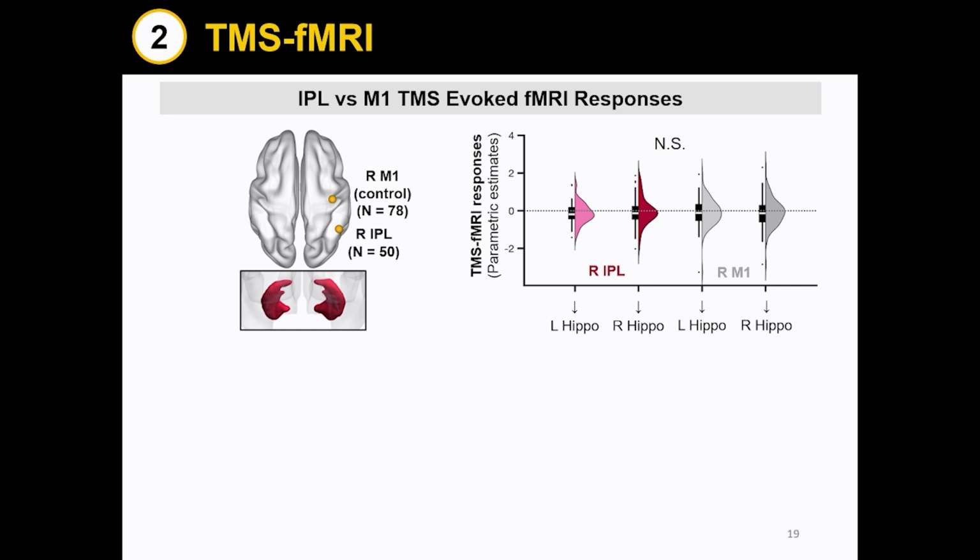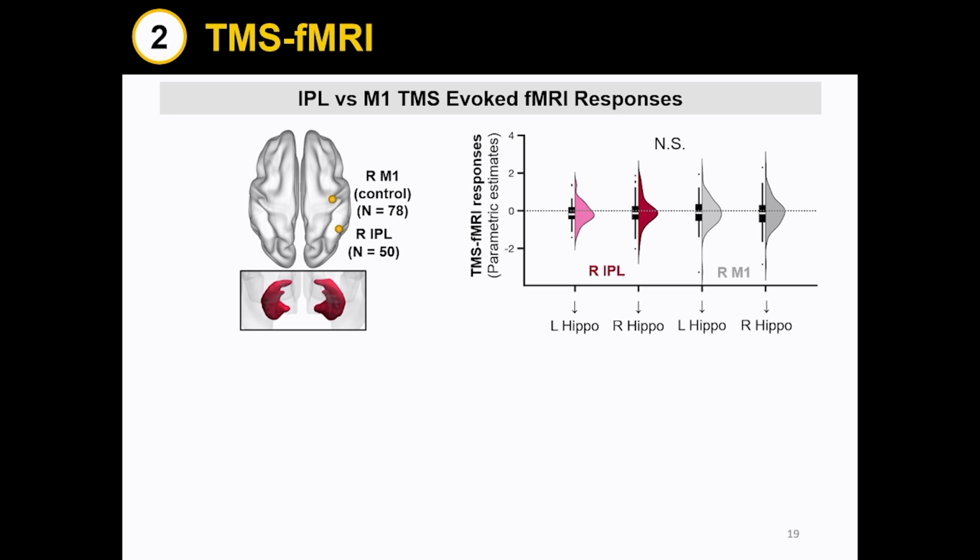To further validate the importance of the hippocampal FC-guided TMS, we also conducted a second experiment with concurrent TMS-fMRI. We delivered the TMS to a non-hippocampal FC-guided stimulation site, that is also within the parietal, but is the inferior parietal lobe.